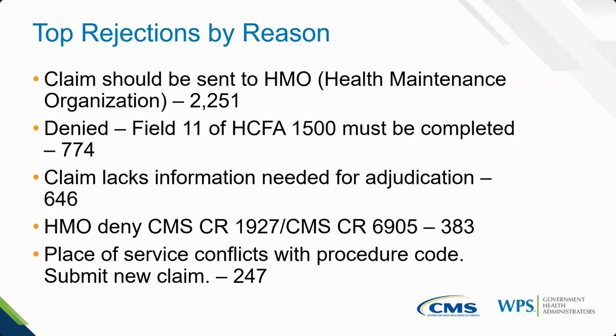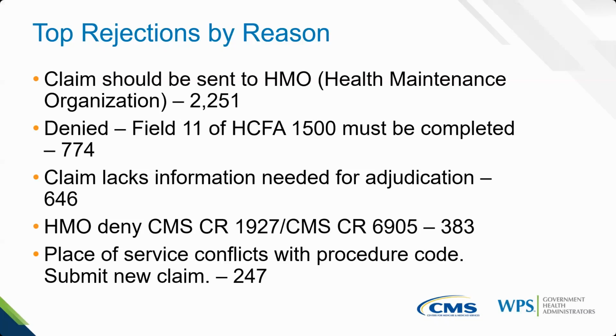There again is an outdated acronym, but still being used in these explanations that you receive on the remittance advice. Field 11 of HCFA 1500 must be completed, and this is the field on the CMS 1500 claim form, or the electronic equivalent, that states whether the patient may have other insurance that is primary to Medicare.